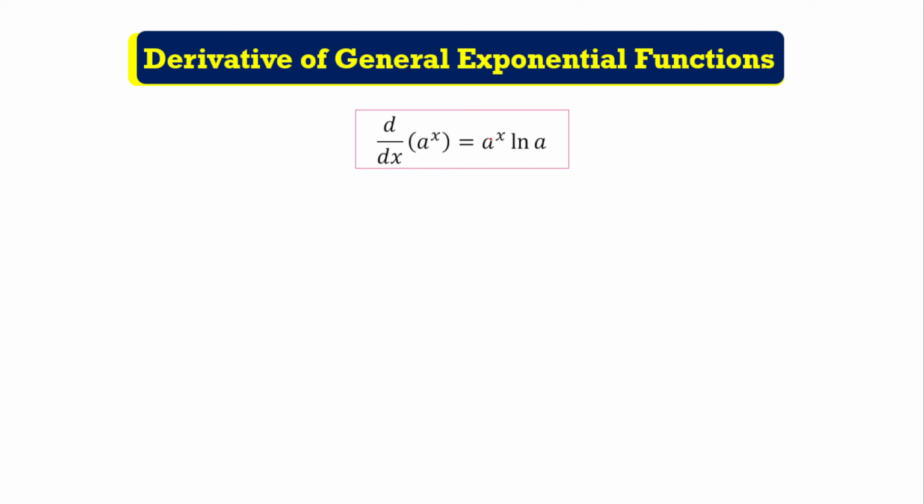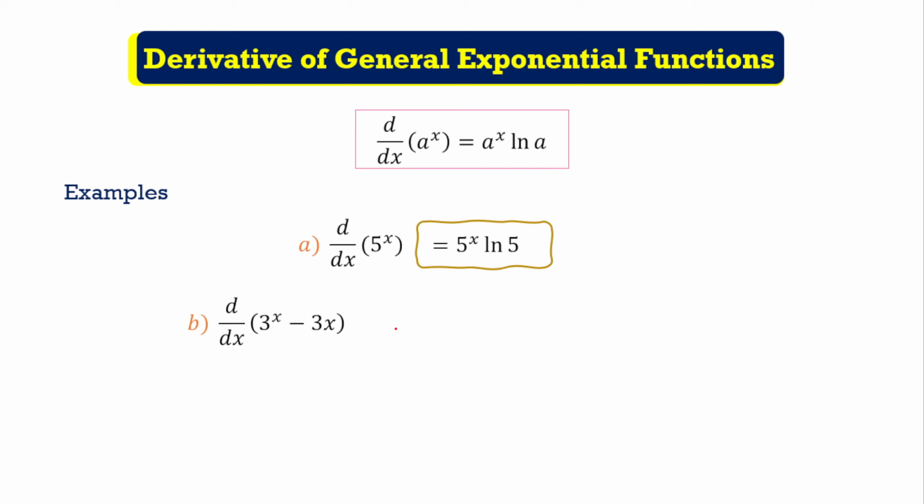Okay? So, for example, the derivative of 5 raised to x. The base is not e, it's a real number but not e. Therefore, the derivative is 5 raised to x, copy that function, then times ln 5, since our a is 5, so ln a is ln 5. So that's the final answer. Another example, find the derivative of 3 raised to x minus 3x.